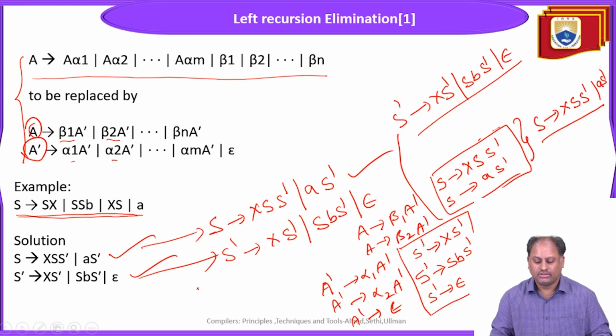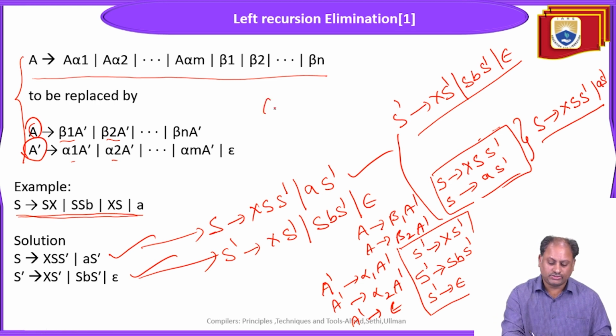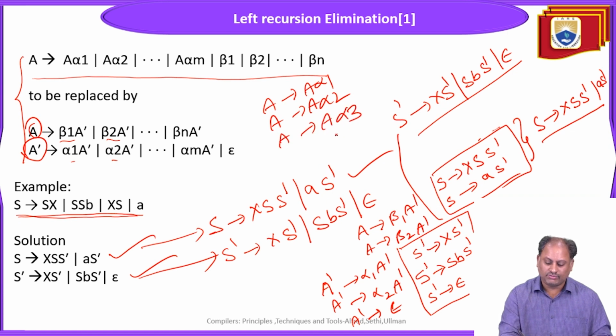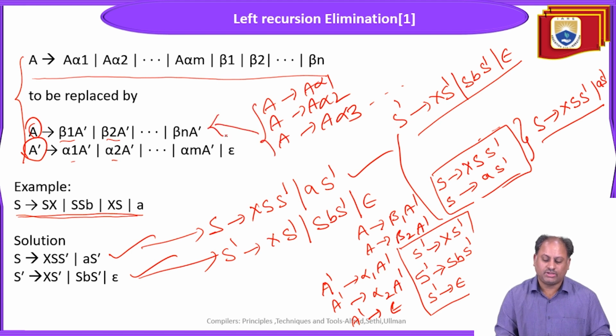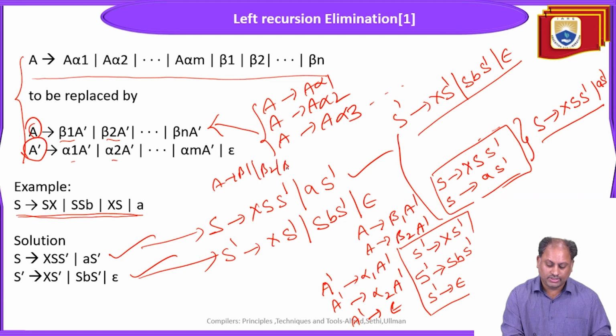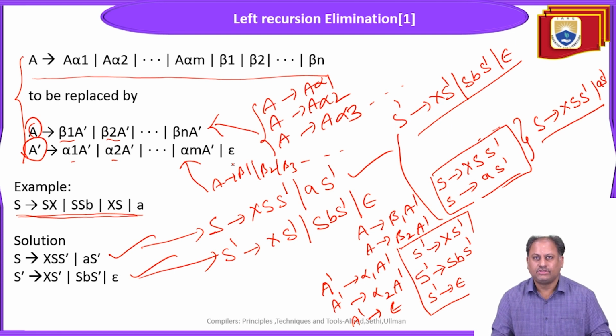So if any derivation contains A alpha 1 and A alpha 2, which we applied, and suppose one more rule is also there, A alpha 3 and so on, A alpha 4, we can implement these two with this one. And any derivation which contains A derives beta 1, beta 2, beta 3 also, then we can implement A dash. So in this way, we are going to eliminate left recursion.